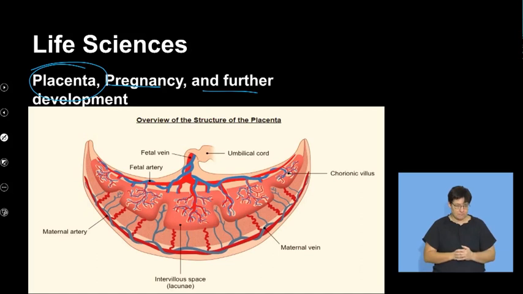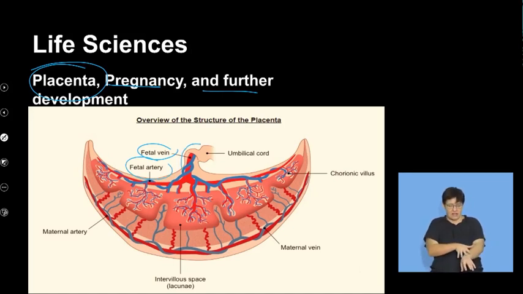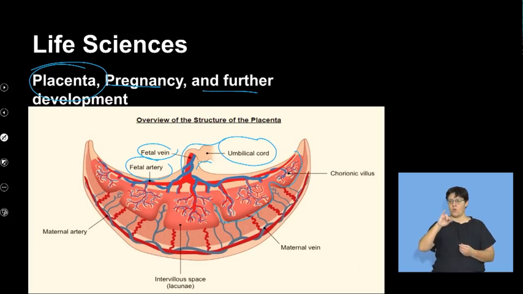The placenta is a disc-shaped structure, and we'll look at how it looks in the body in a bit, that contains a fetal vein and fetal arteries, which are enclosed and connected within an umbilical cord. This placenta contains chorionic villi, or folds, that connect into the endometrial lining.